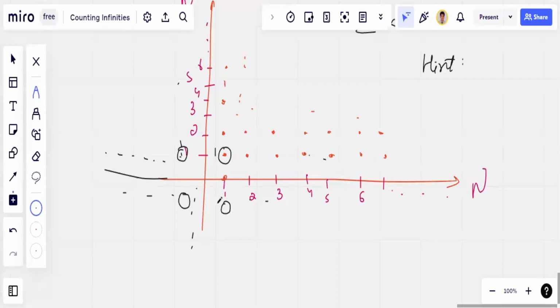So this is 1 2 3 4, and then we count the next ones. Now you count these elements also, and eventually you'll be able to count everything. But notice that you're not counting the numbers on the axis. You have to count those also. So how do you incorporate that?